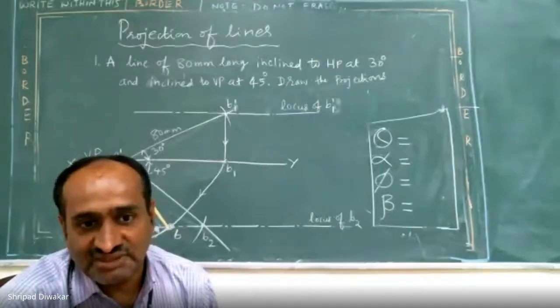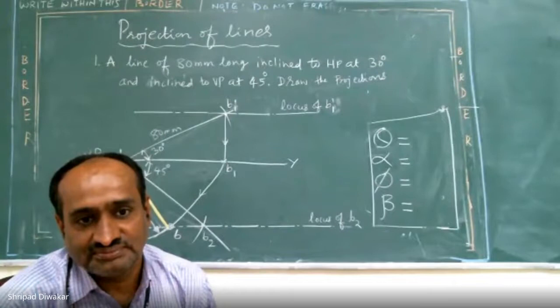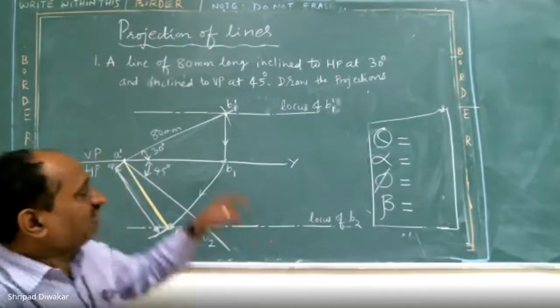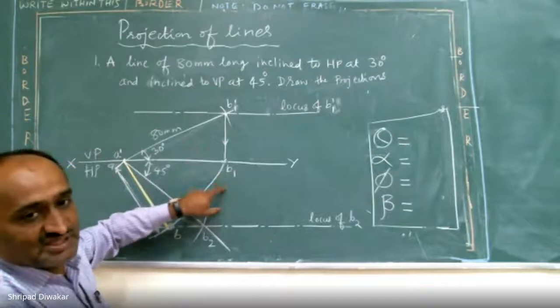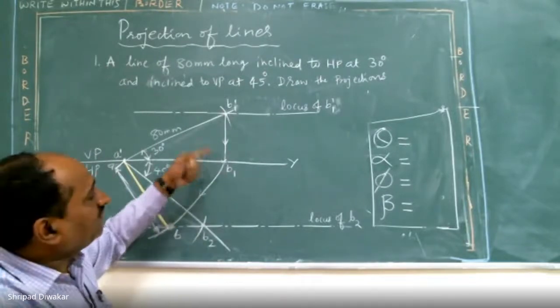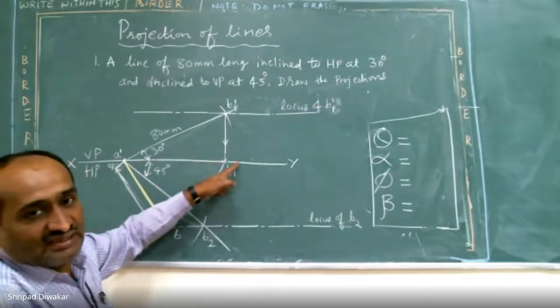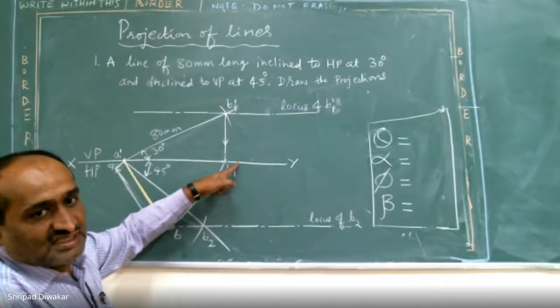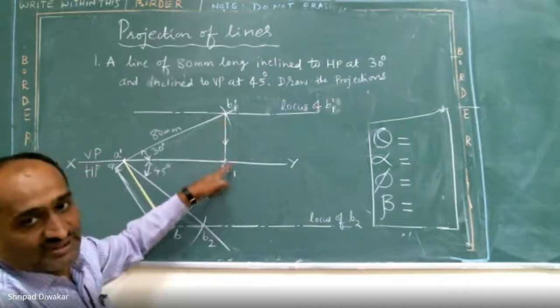XY line is nothing but your locus line only, because we don't have a dimension. Suppose you are having 20 mm or 30 mm like in the previous problem, you are going to extend up to that 30 mm, but here it is not there. We are having only one line. Whatever horizontal straight line is there, you have to extend up to that point. That's it.